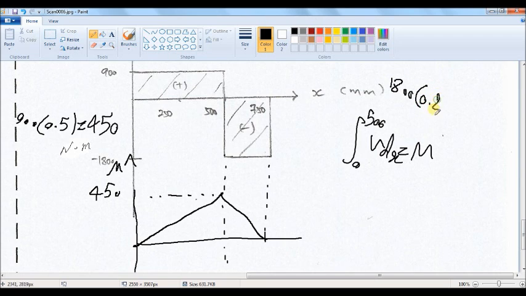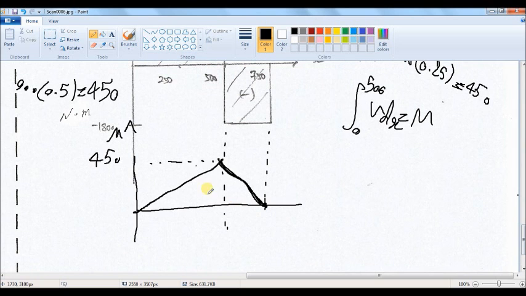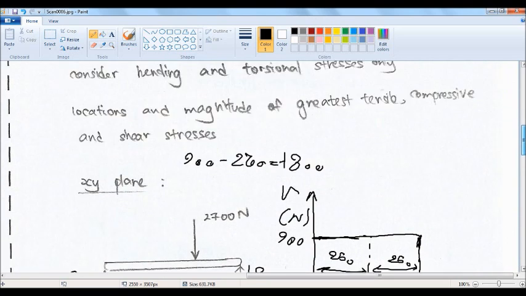Next, I have to calculate this area: 1800 times 0.25 again equals to 450. But this time, because the area is in the negative part of the diagram, I have to draw a line with negative slope and it will come back to 0. So this is the moment diagram of XY plane.